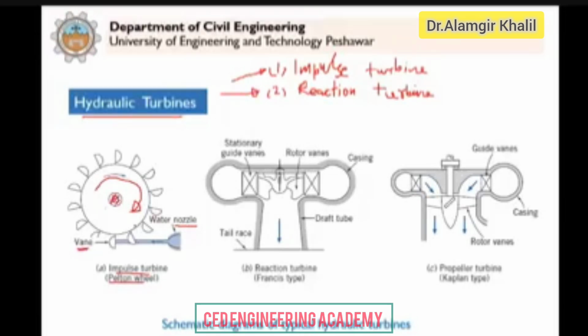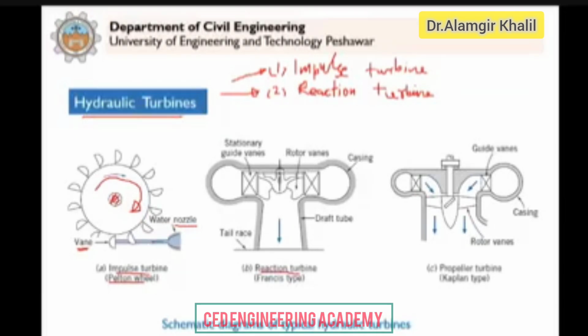And this is how the hydraulic energy is converted into mechanical energy. Because this turbine works due to the impulse of water, the velocity head, the wheel does not run full in water. Only part of the wheel is struck by the water and it rotates. Whereas in the case of a reaction turbine, the wheel runs full because the water enters under pressure and flows over the vanes. And this is how the energy is transferred.